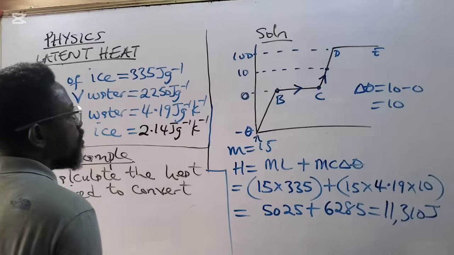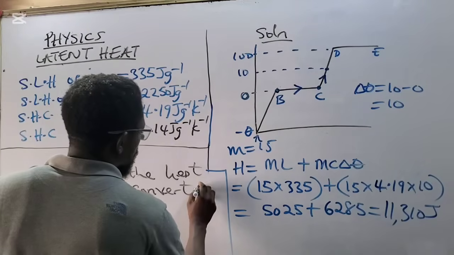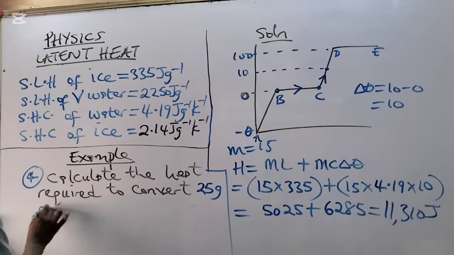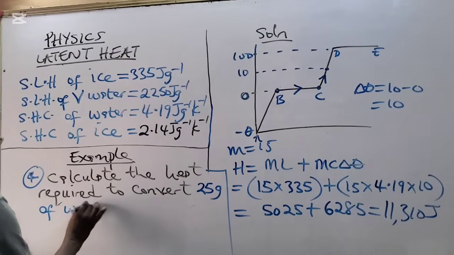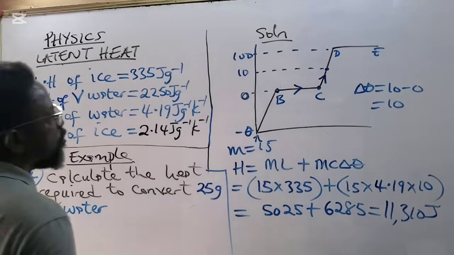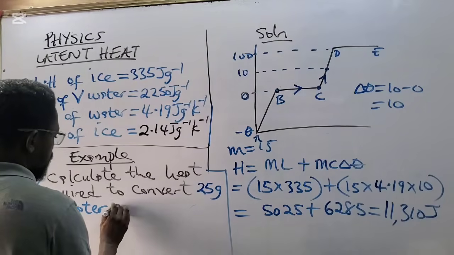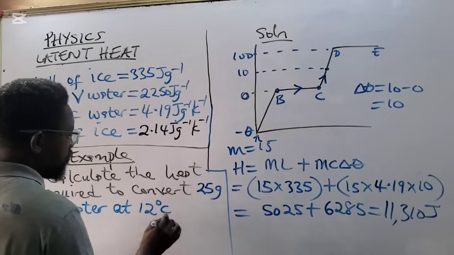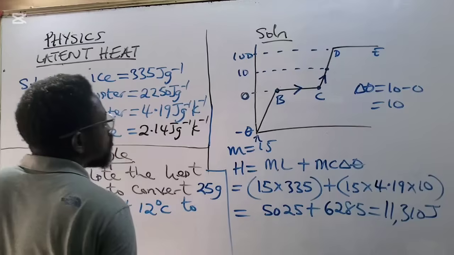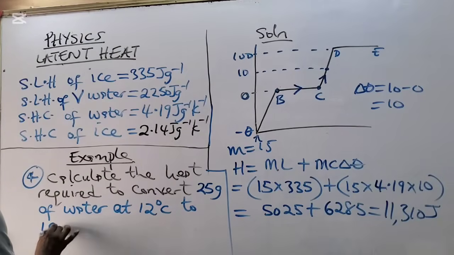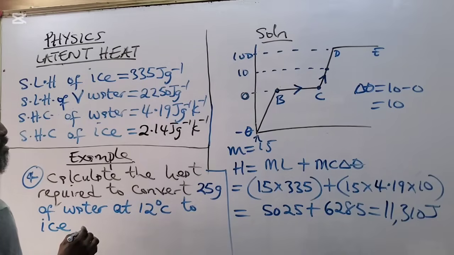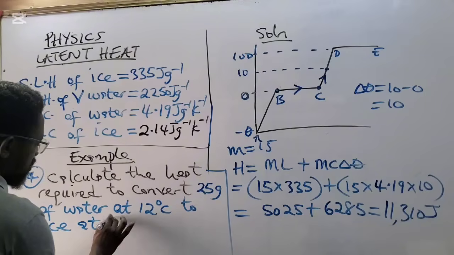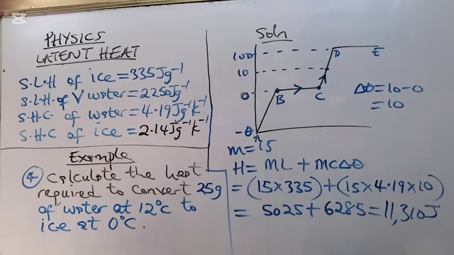Calculate the heat required to convert 25 grams of water at 12 degrees C to ice at 0 degrees C.